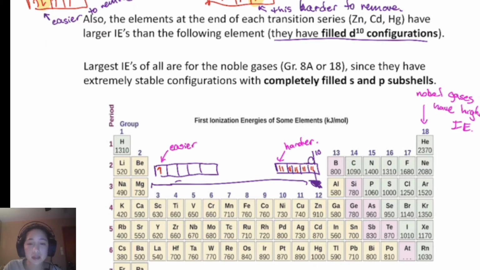Reactions typically involve transfers of electrons to some extent. Because all of these noble gases have really large ionization energies because they have completely filled s and p subshells, it's going to be really difficult to remove any of those paired electrons, because they're all paired, they're all happy, or essentially stable. And so that's why noble gases tend to not be reactive at all.